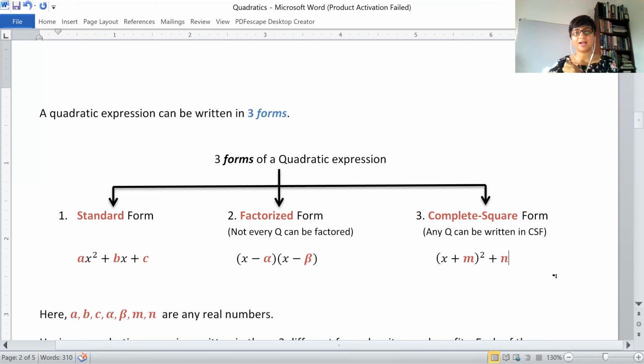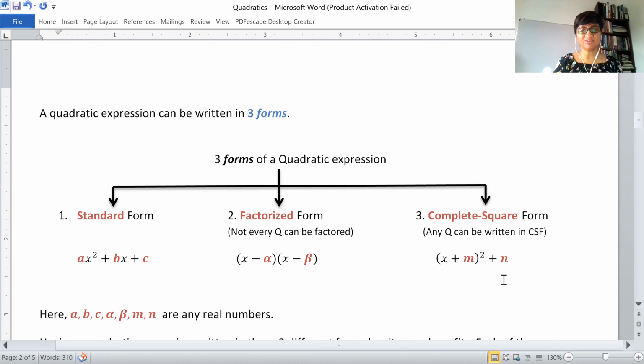Okay. And the nice thing is any quadratic can be turned into complete square form, not like the factorized form. You tell me any quadratic expression, I can write it in complete square form. If I give you any quadratic, you can write it in complete square form.